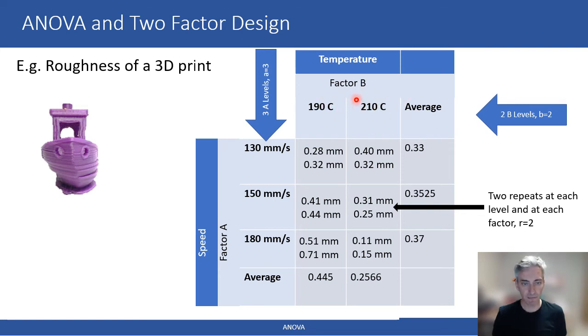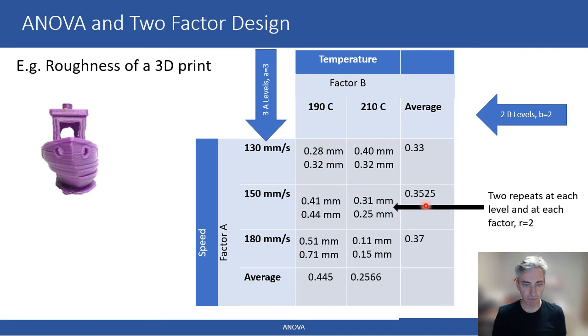The other thing I've done is calculated the average effect for each of these different factors. So when factor A is changed at each level, I've calculated the mean of each feed. So when the speed is low, I have a value of 0.325, which is the mean of these four numbers.